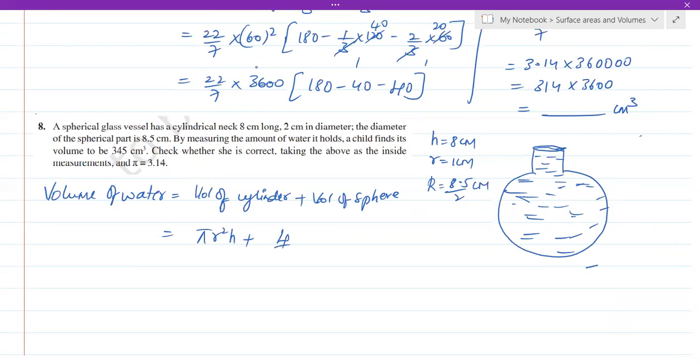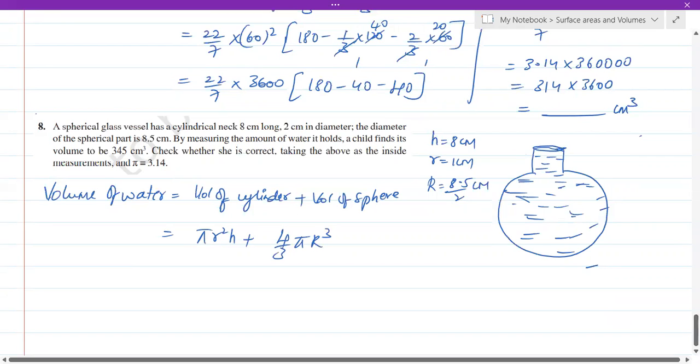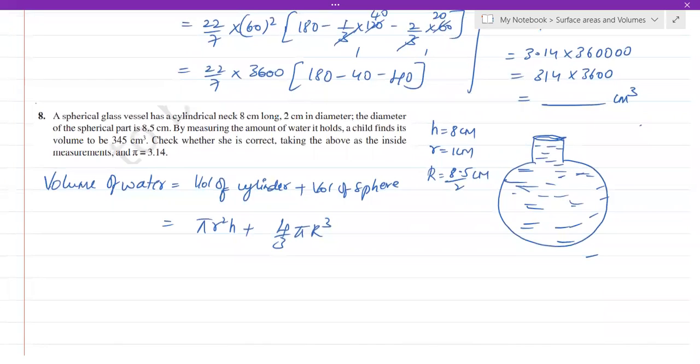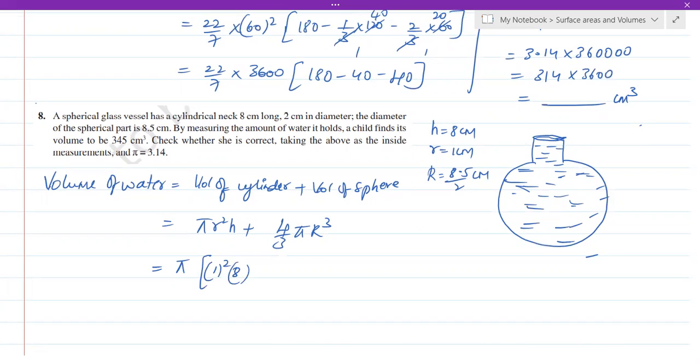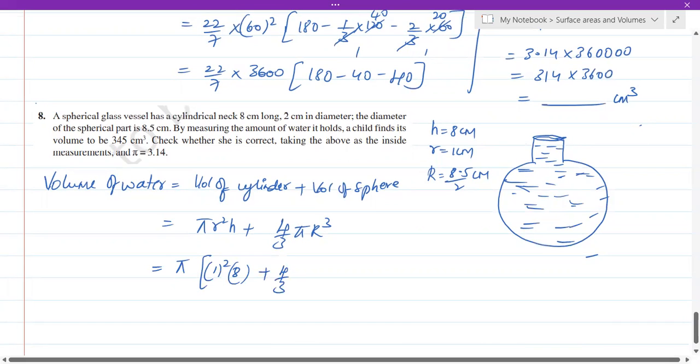Volume of sphere is 4 by 3 pi capital R cube, because we have taken capital R as the radius. In the next step, you can take pi as common. Small r square, that is 1 square, h is 8, plus 4 by 3. First, let's write the remaining things. If you take pi as common, left out thing is r square h plus 4 by 3 capital R cube.